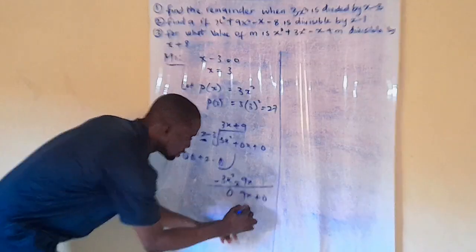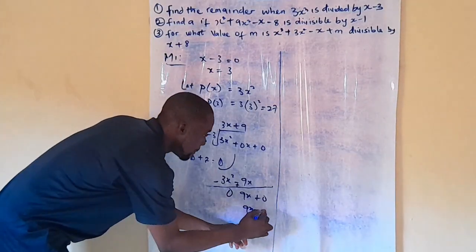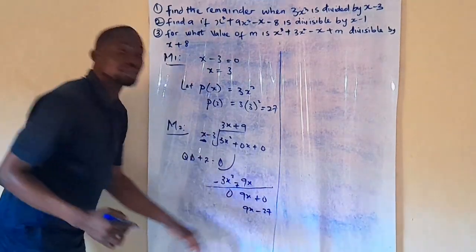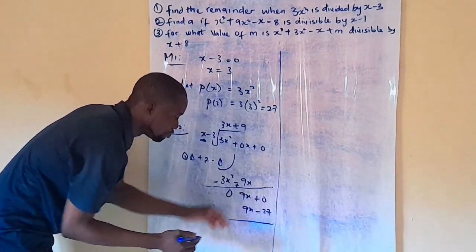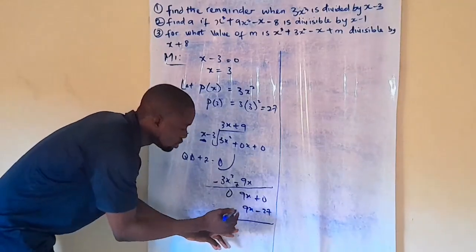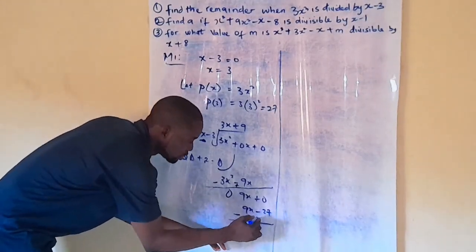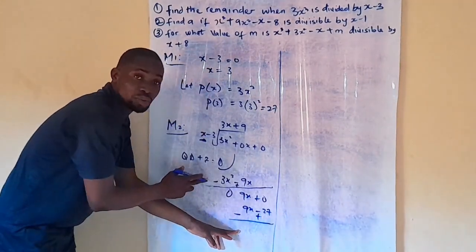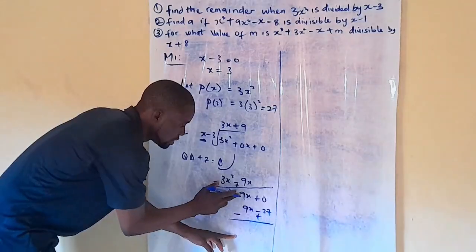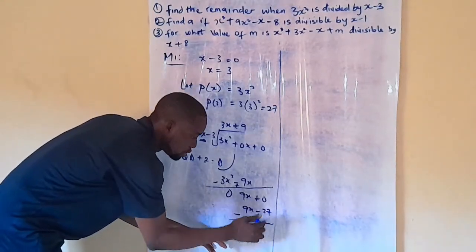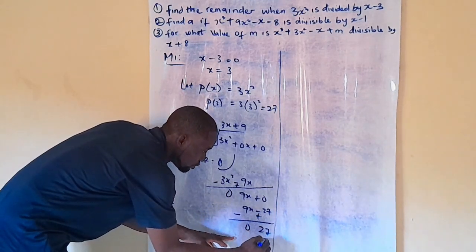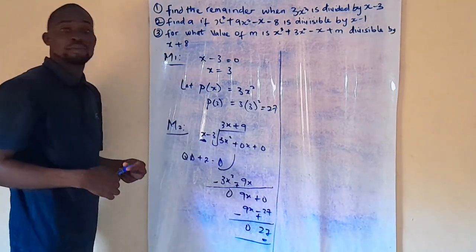That's 9x minus 27. At this point, what do we have? This plus changes to minus. Minus changes to plus, as we did up here. And finally, 9x minus 9x, 0. 0 plus 27, plus 27. And that is the final answer.